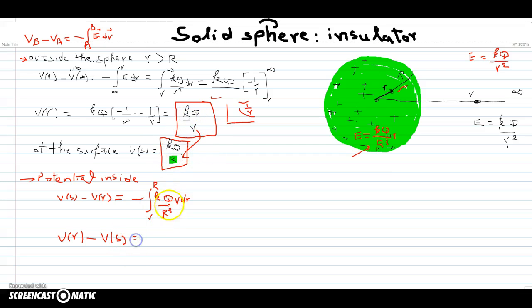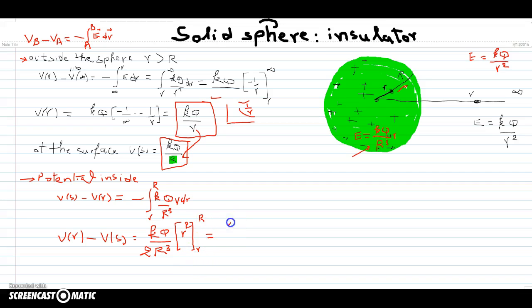So now the integral here is just K, the Q over R cubed, that's the constant I put outside, and the integral of r dr is just r squared over 2. I'm going to put 2 outside, and this is between r and little r.